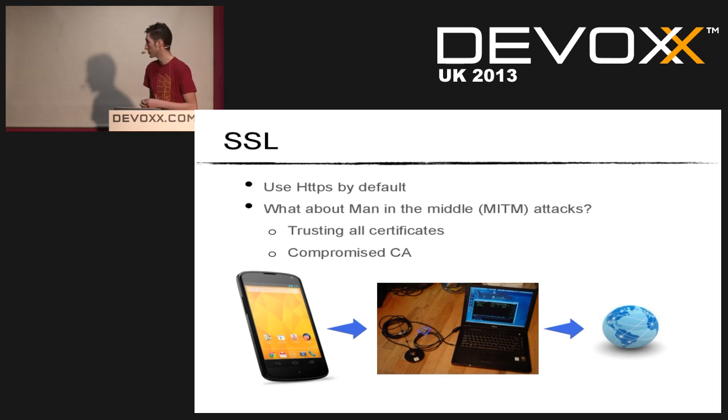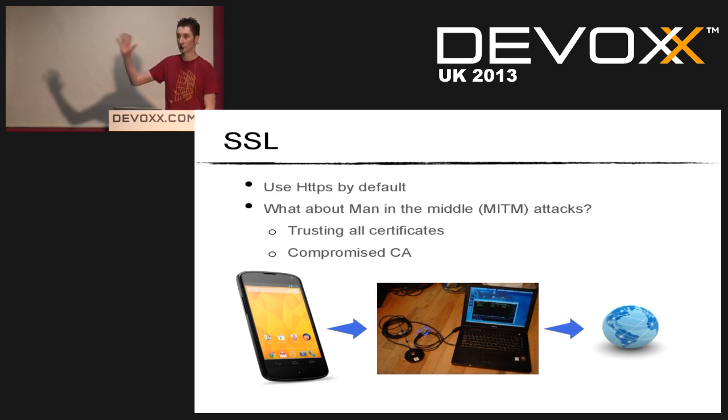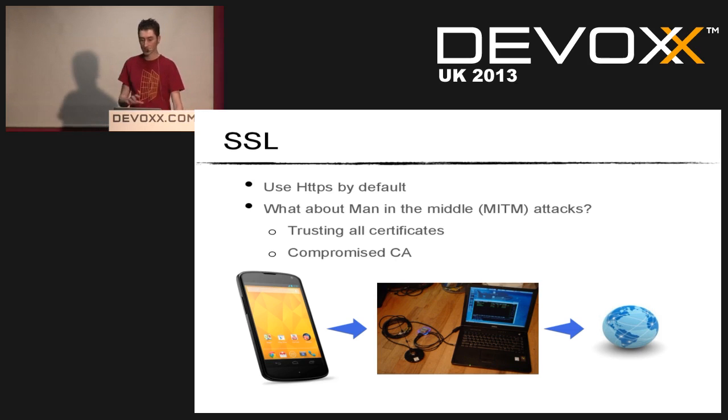Moving on from encryption, let's talk about SSL. Pretty much most apps will have back-end communication to a server, and by default, probably most of them, hopefully, are using HTTPS. The problem is, it's not always implemented in a great way, and that's where man-in-the-middle attacks can come in.